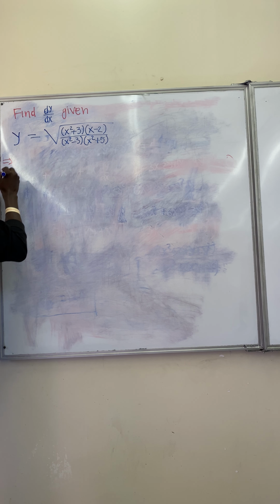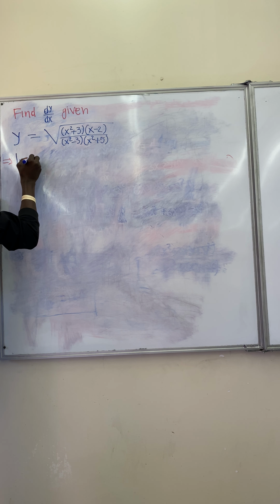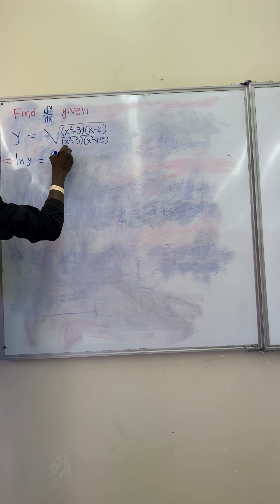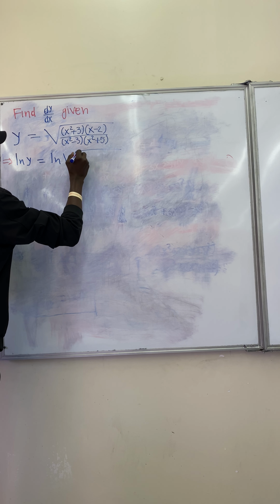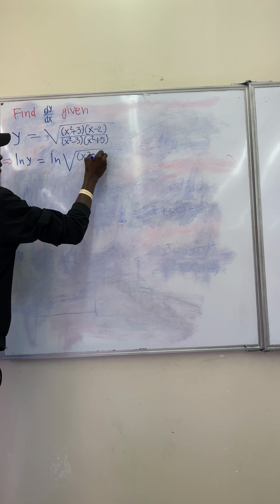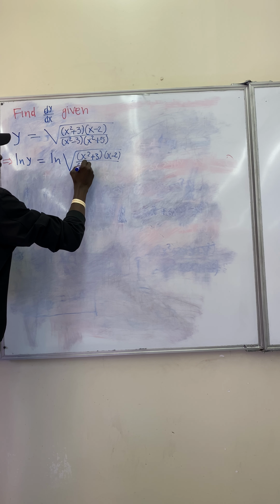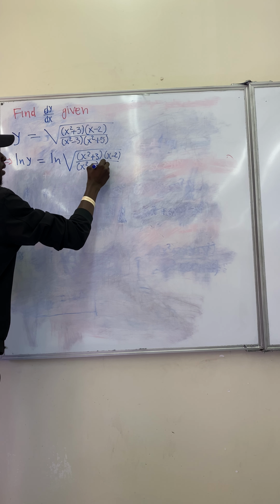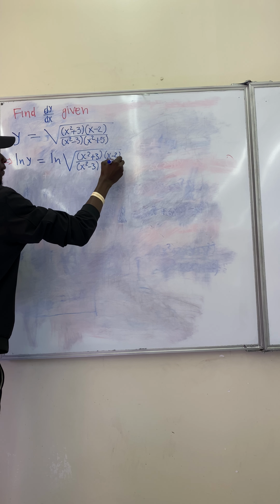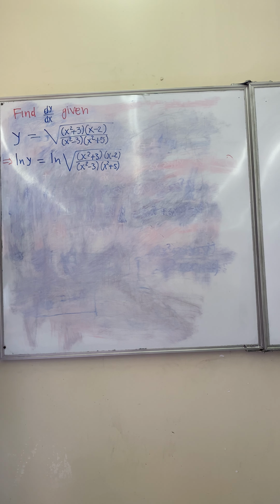So I'm going to have ln on this side, and also introduce ln on this side, which is (x squared plus 3)(x minus 2) divided by (x squared minus 3)(x squared plus 5). And then after introducing this, you're going to simplify it.